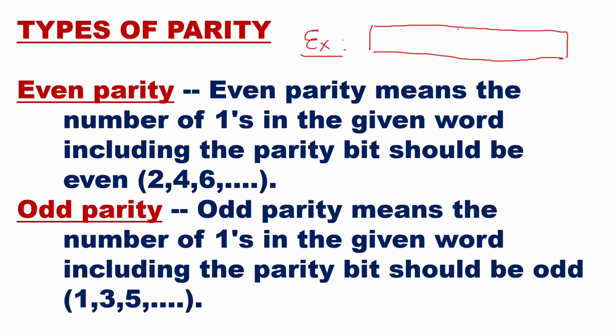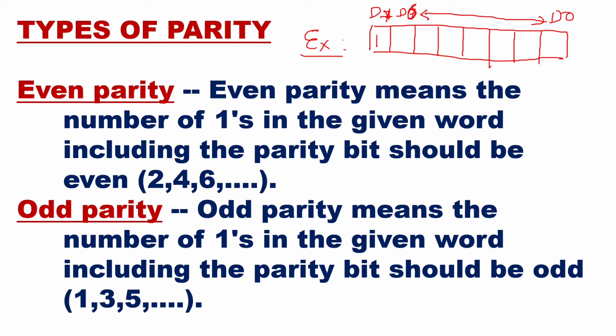You can show it like this: D0 to D6 will be your message or data bits, and D7 will be your parity bit.